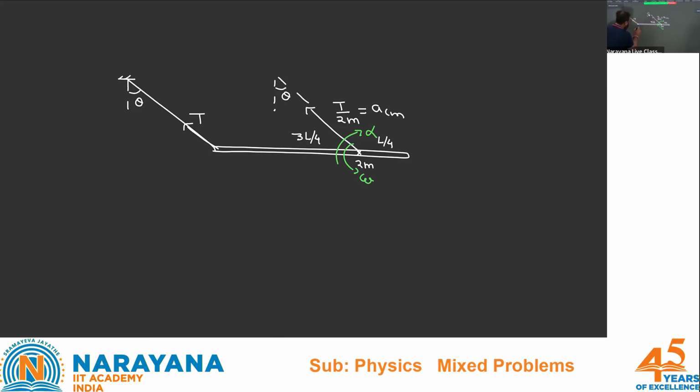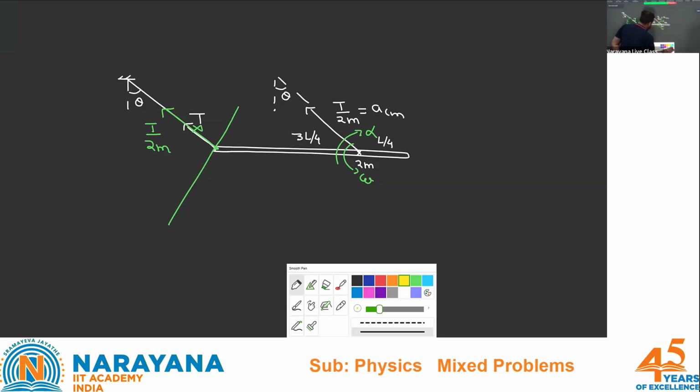Now what I'm trying to think is, I want to write the accelerations of this point here. So by the concept, whatever center of mass acceleration that will come, this point will have an acceleration here, which is T by 2m. That is because of center of mass. And about the center of mass, it will have two more accelerations.